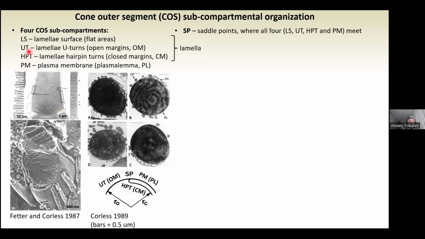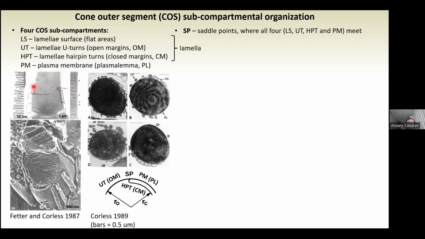First kind is a flat lamellar surface, the ordinary surfaces of lamellas where most of rhodopsin stays. We note them LS here.